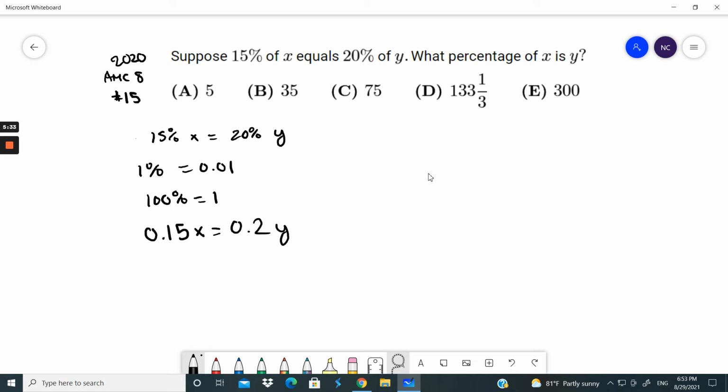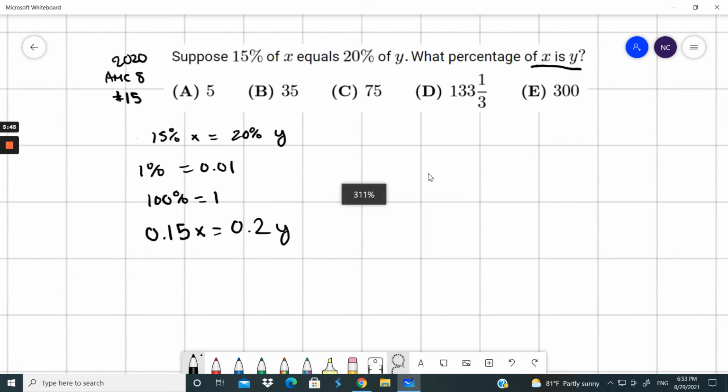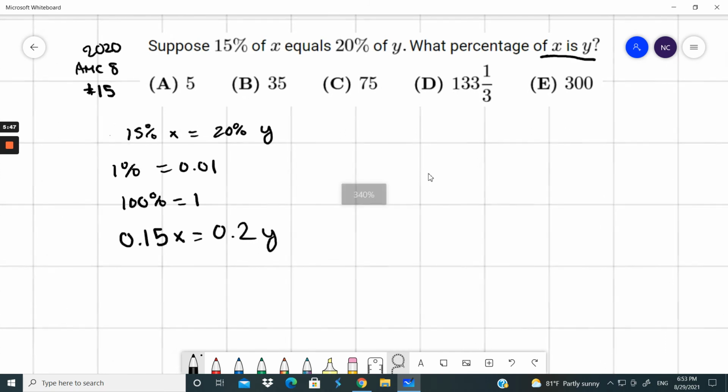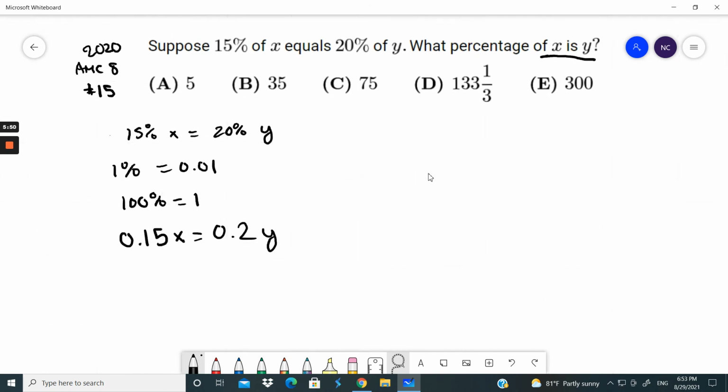From here, we can just figure out what percentage of x is y by figuring out which side to divide by. When it says percentage of x is y, it means that we want to isolate y. So let's do that.